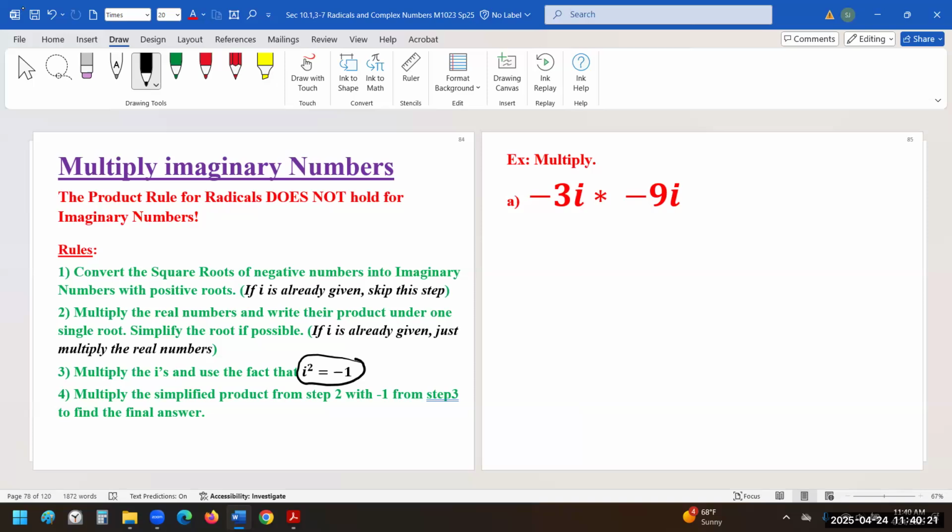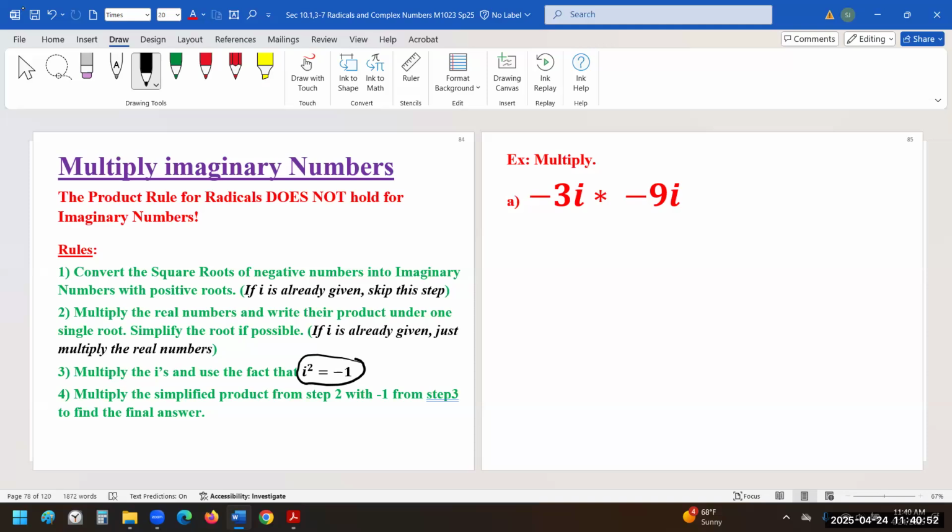If you're already directly given the i, you just have to multiply. But if you're not given i, you are given square root of a negative number, then first you have to bring the i out of the square root and then you multiply. If you see i, you can go ahead and multiply. If you don't see i, but you're given an imaginary number, first bring out the imaginary portion and then multiply or divide.